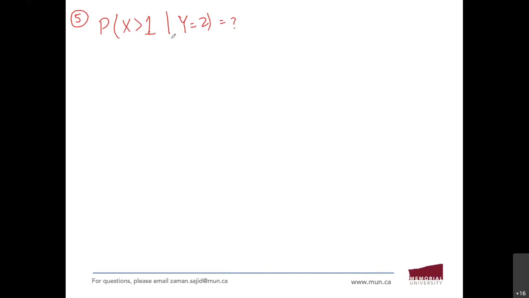So first we need to find the conditional probability density function, f of x given y, which equals your joint probability distribution divided by the marginal of y.